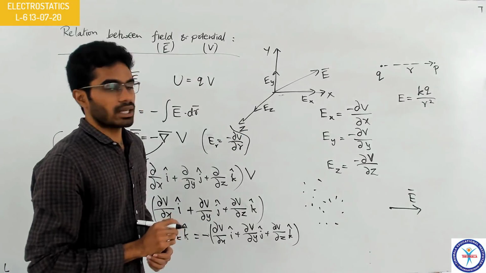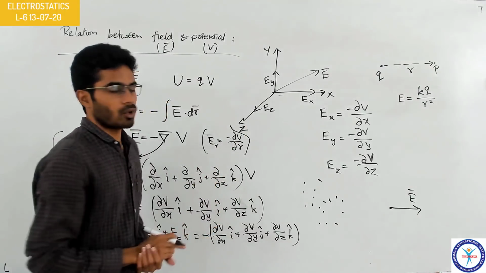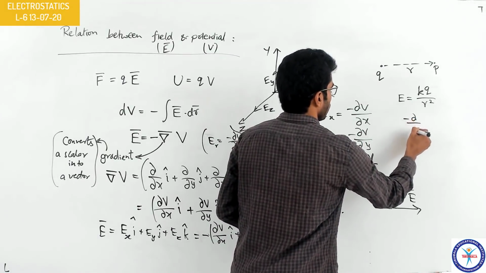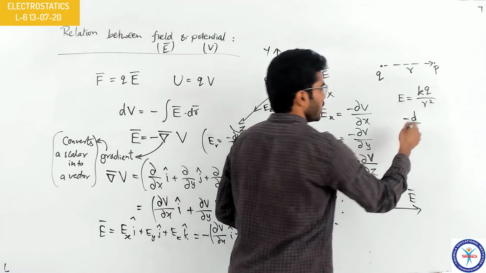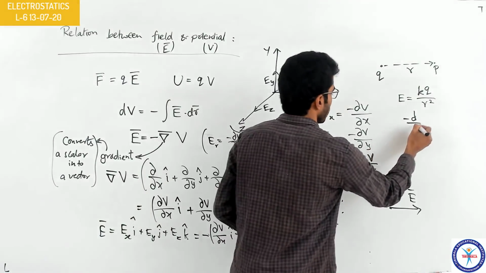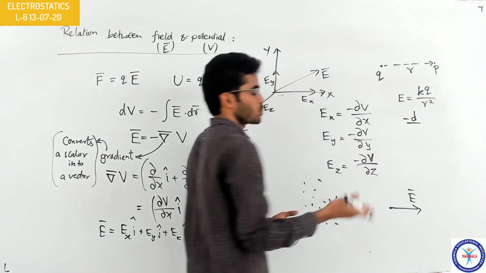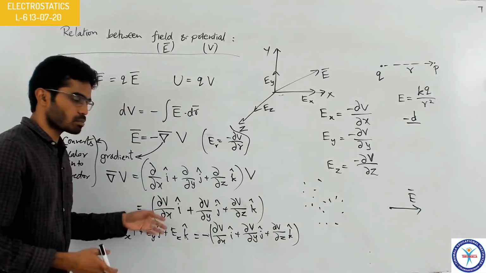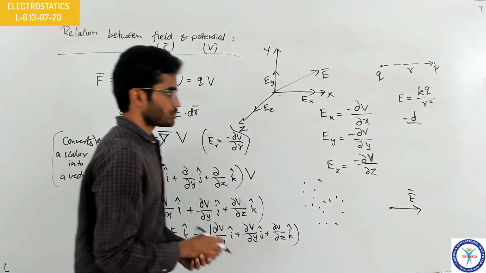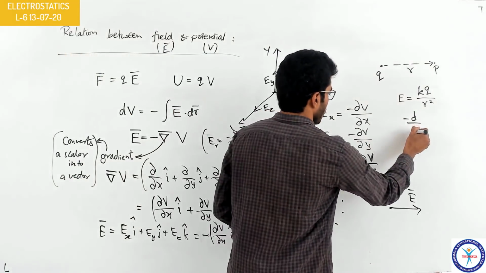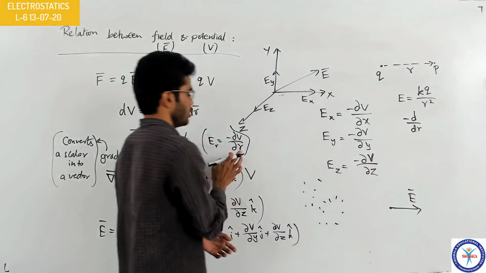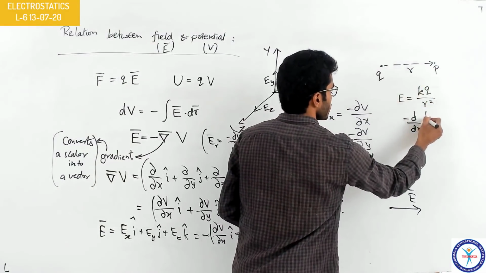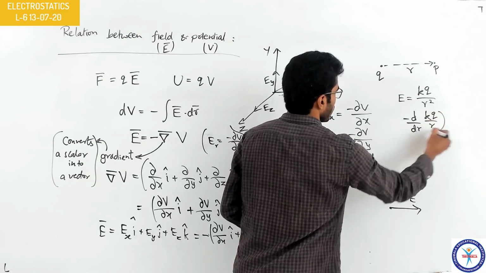But how are you getting that? You can perform this operation again. It is minus dV by dr, because this is only radial direction. If you have x, y, z and you have to take partial derivative, you have to write it as dou. Dou implies partial derivative. This is normal derivative. Negative of d by dr of what? Potential. What is the potential due to this? kq by r, we know that.